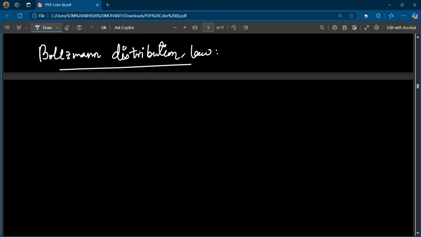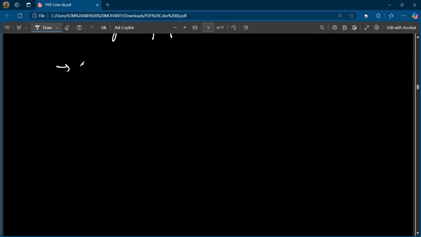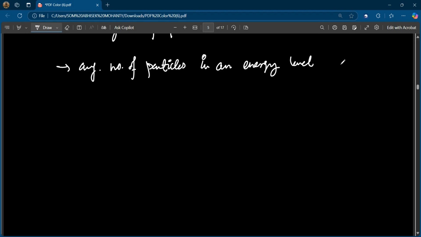It tells about the average number of particles in an energy level at thermal equilibrium.